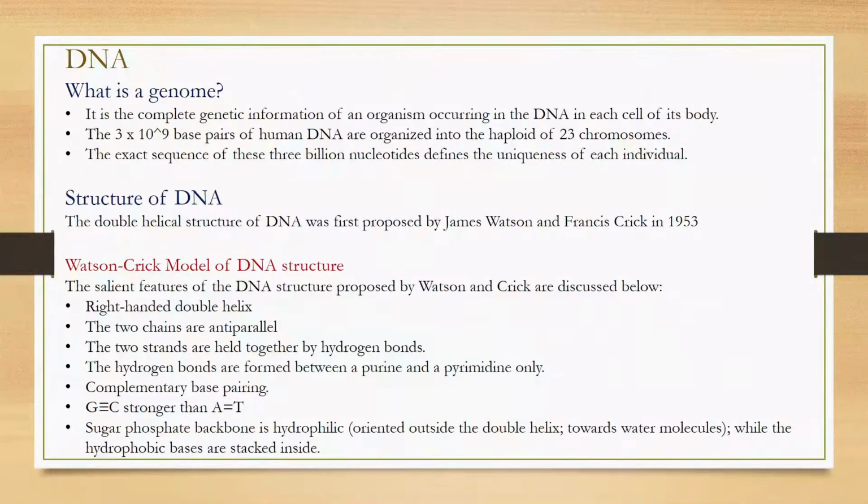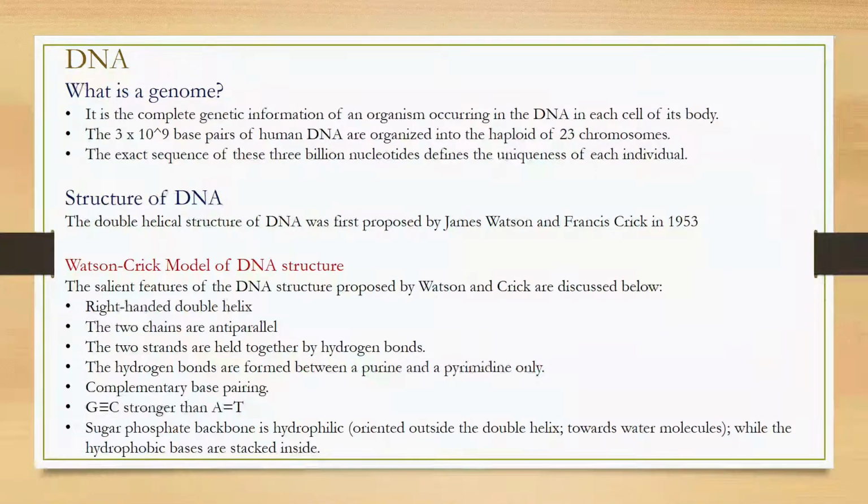The hydrogen bonds are formed between a purine base and a pyrimidine base only, not between two purines or two pyrimidines. This specificity is imposed on the base pairing by the fixed location of the hydrogen bonds. If two purines face each other, they would not fit into the space available, and two pyrimidines would be too far apart to form hydrogen bonds.